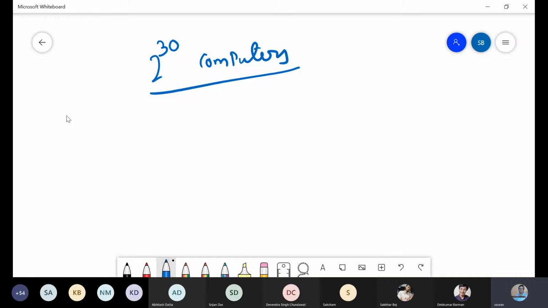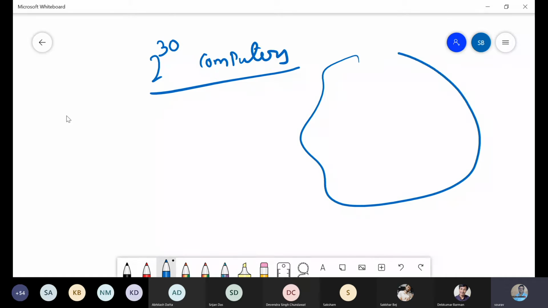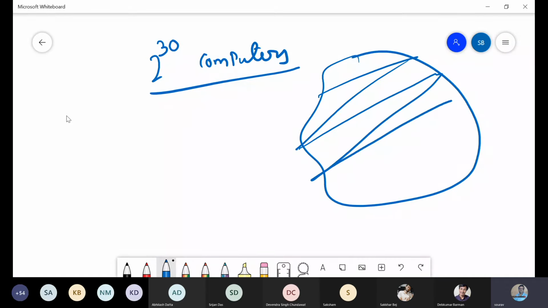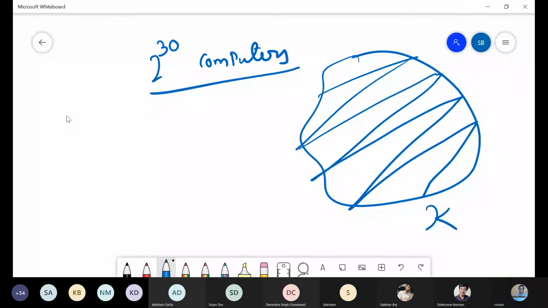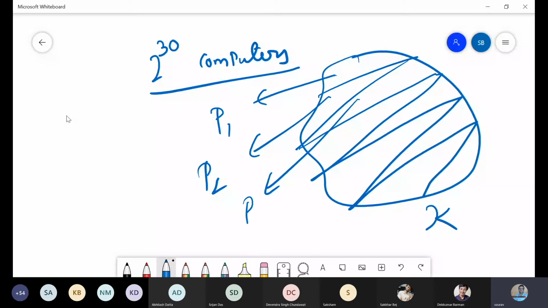Suppose we have this many processors, then what can we do? We can partition this key space into this many disjoint sets, as many as the processors we have. They run in parallel. We assign one processor to search one set, another processor to another set.